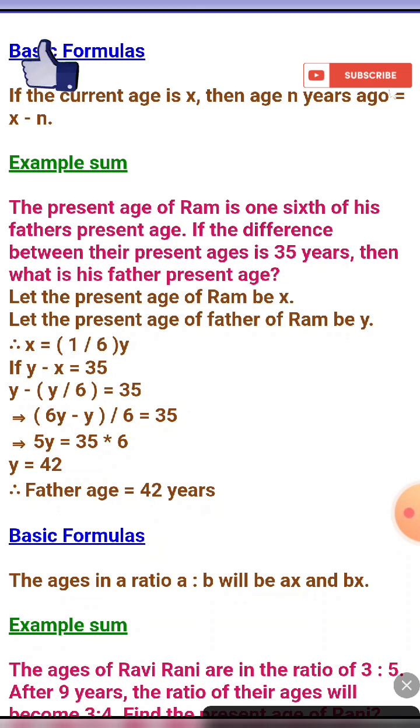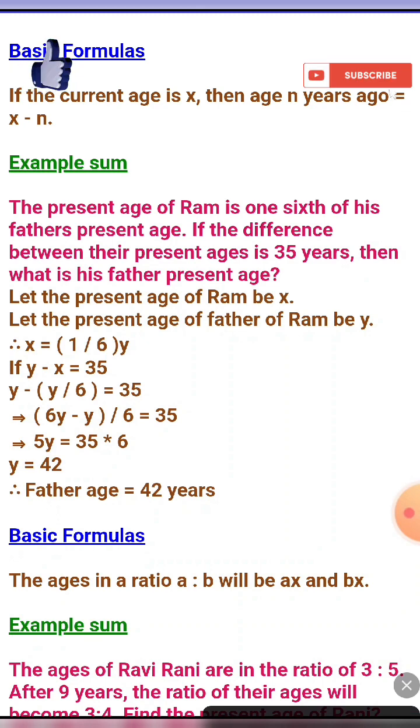His father's current age is y. Now what is the logic? Ram's present age is 1/6 of his father's present age. Ram's present age we have guessed x, and 1/6 means 1 divided by 6 of his father's age y, so x is equal to 1 divided by 6 into y.